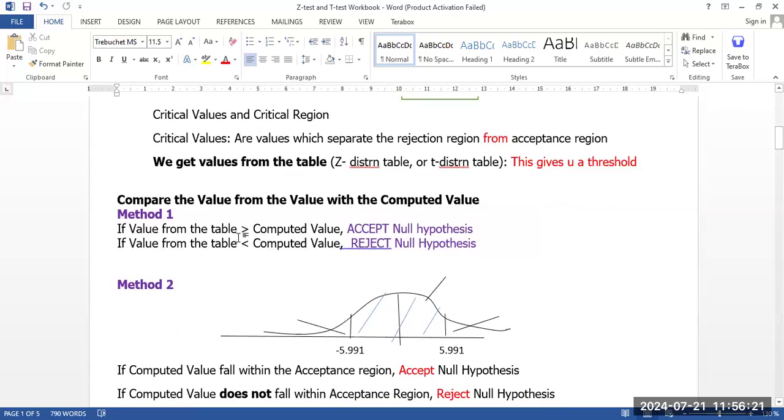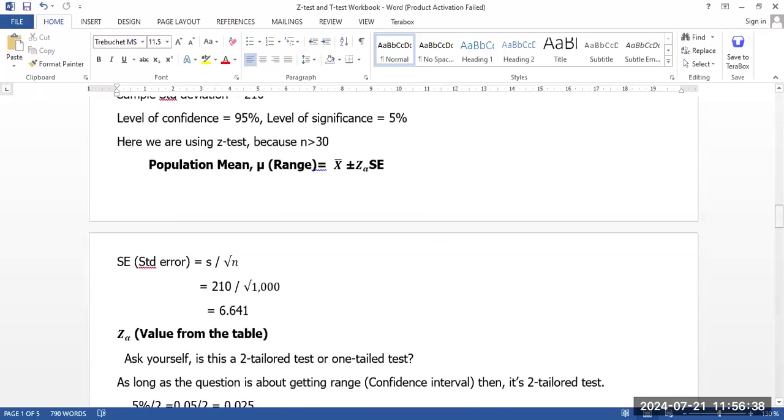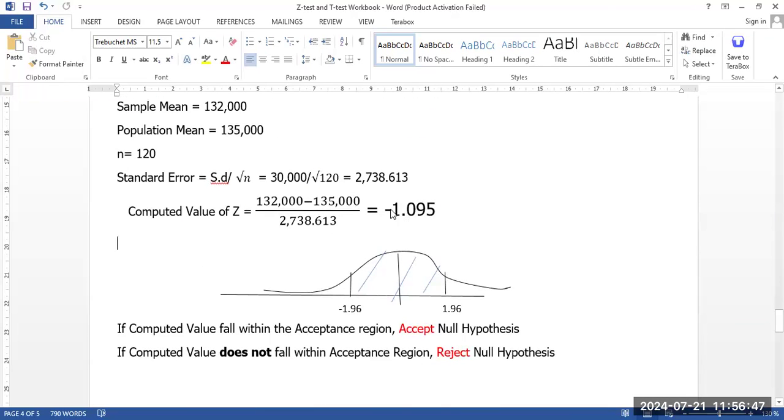Remember, the values you read from the table are positive values. So for you to create a comparison, you need to get the absolute value of this by just making this one positive. Then you compare, because you cannot compare a negative value when the value you read from the table is positive.